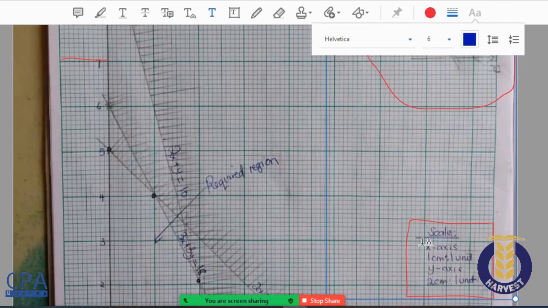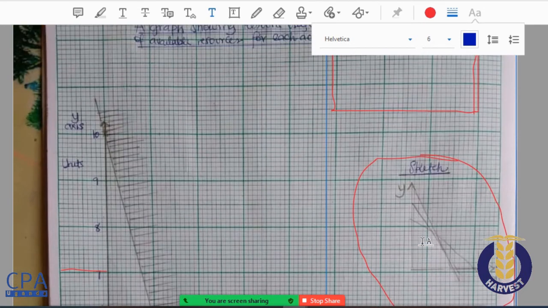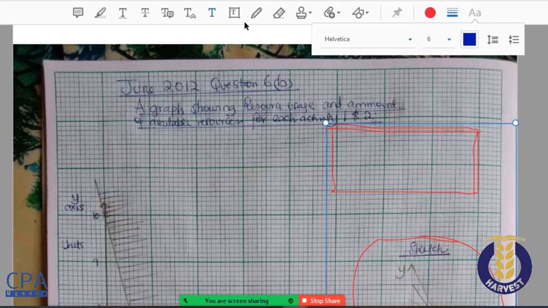Now, how is the scale stated? Making use of the graph that we have here, we would come here and say this is our scale.